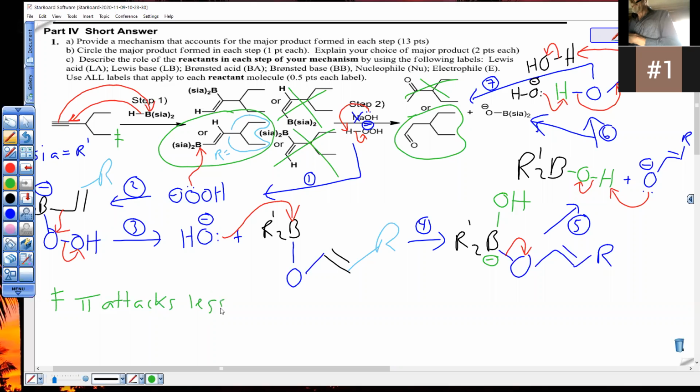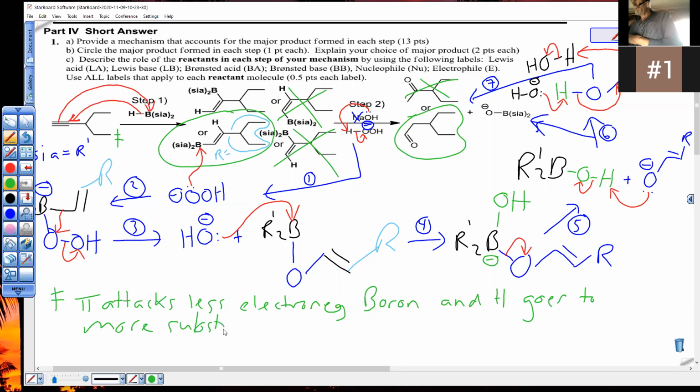Less electronegative boron, and H goes to more substituted carbon. Why? Because that's the one that spends more time as a cation. Why? Because of hyperconjugation.